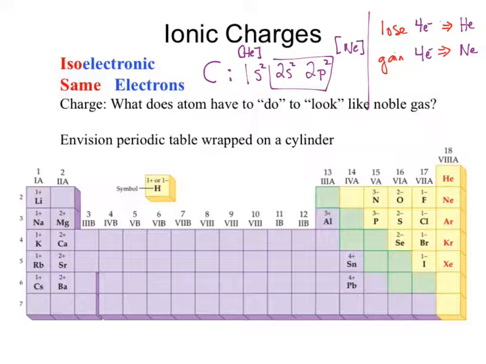You'll notice when we looked at lithium, the noble gas we tried to jump to was helium. Okay, but that looks really far away, even really far away from neon. So what you can do is take your periodic table and actually turn it into a cylinder and skew one off. And when you skew that one off, lithium gets right next to helium.